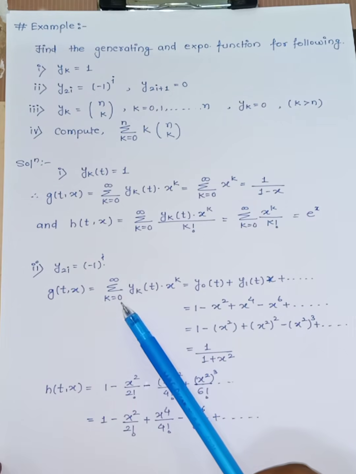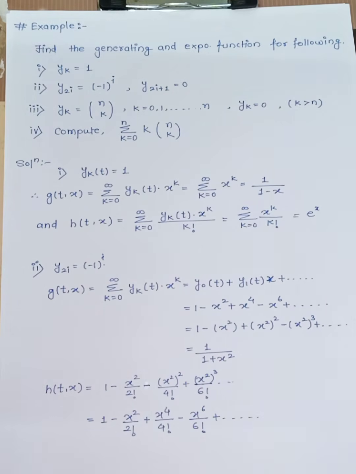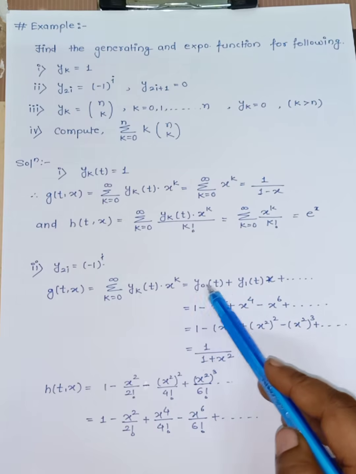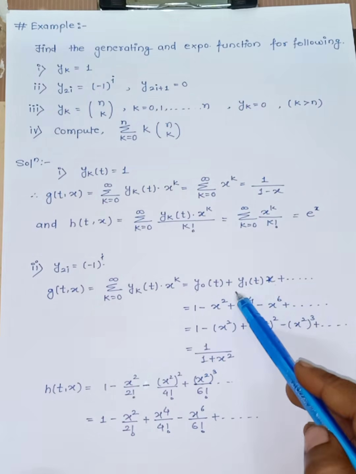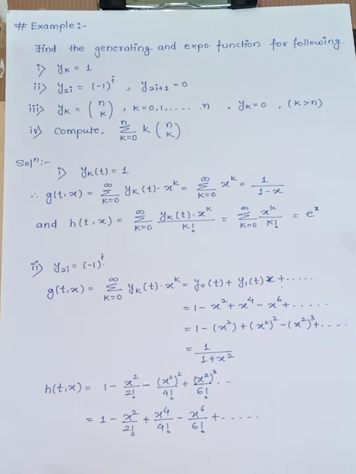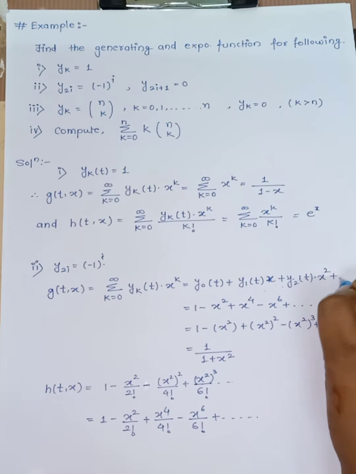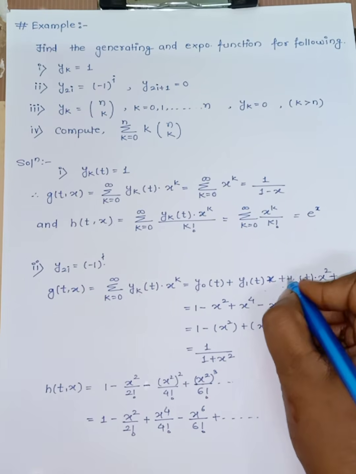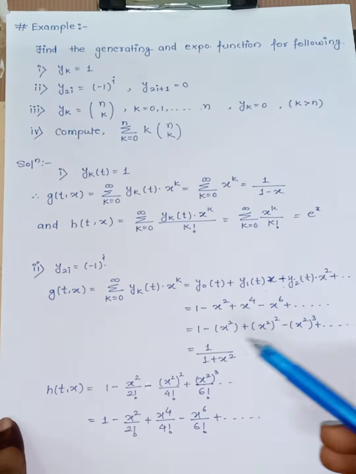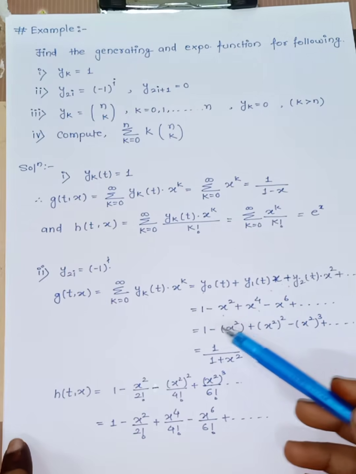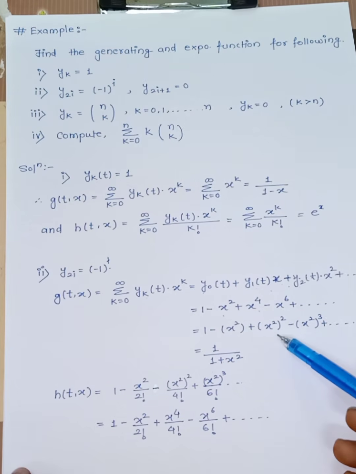Now we have to put the values of k and count the value of yk t to find out the value of g t x. Okay, so if we put k equals to 0, we are getting y0 of t plus y1 of t into x plus here what will come, y2 of t into x square plus so on, minus alternate signs will come. Okay, so 1 minus x square plus x to the power 4 minus x to the power 6.